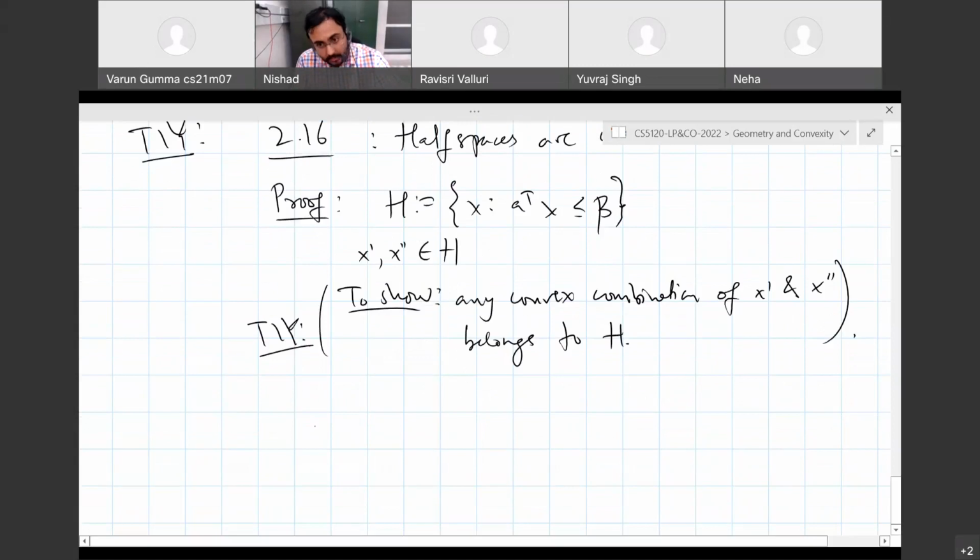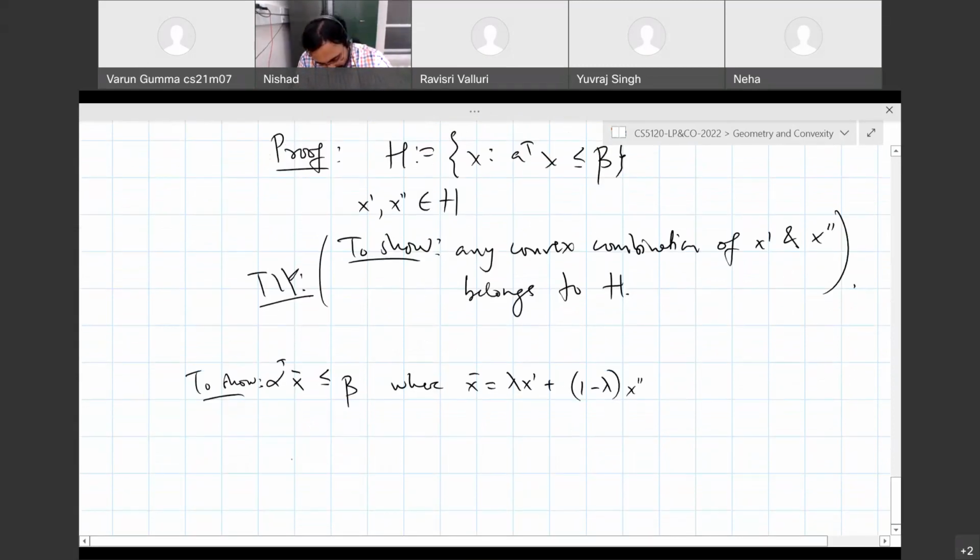So we are taking a convex combination of, so this is our x bar, and we need to show that x bar satisfies the inequality, where x bar is a convex combination of the two given points, right? Sorry, I think I wrote alpha, I meant to write A transpose.